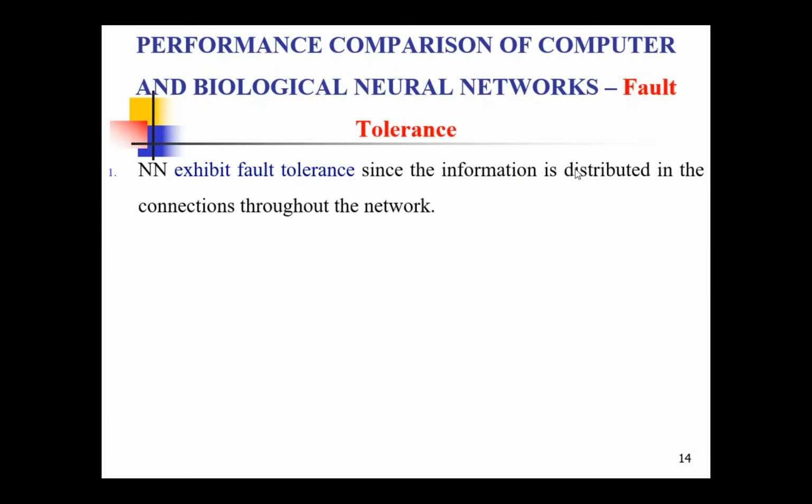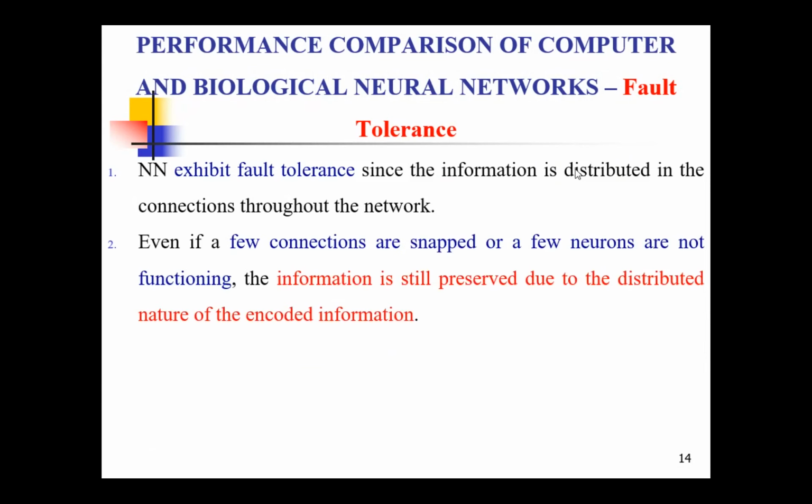And fault tolerance. The tolerance to fault is higher in the case of biological neurons because the information is distributed through the interconnections. Even when a few connections are snapped or not functioning because of illness, for example, the information will still be preserved because of the distributed nature of the information in the biological neurons.